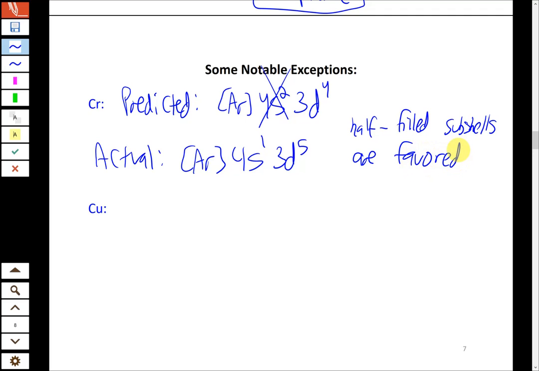That doesn't get into the reasons why that's true at all, and the reasons why are quantum mechanical in nature, so I'm not going to attempt to cover them in a general chemistry course. But here, instead of having a filled 4s and a partially filled 3d, we have a half-filled 4s and a half-filled 3d. Remember that the 4s subshell can hold 2 electrons, so now 4s1 is half-filled. The 3d subshell can hold 10 electrons, so 3d5 would also be half-filled.